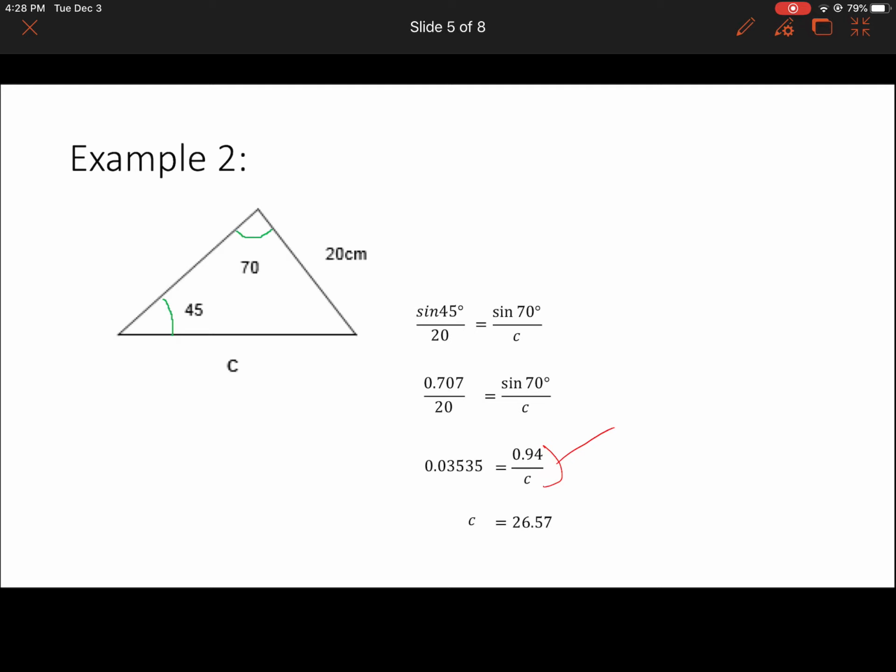Well, there's lots of algebraic ways we can do it, but 0.03535 times C equals 0.94. So then C becomes 0.94 divided by 0.03535. And that's equal to 26.57. And that's it. We found the opposite side.